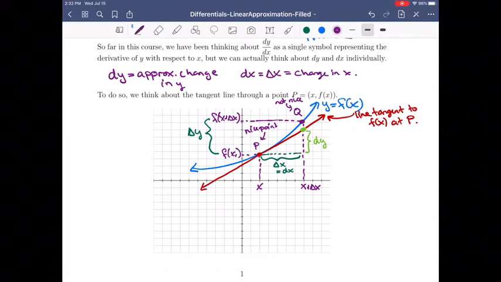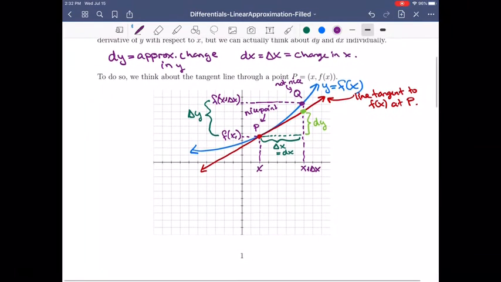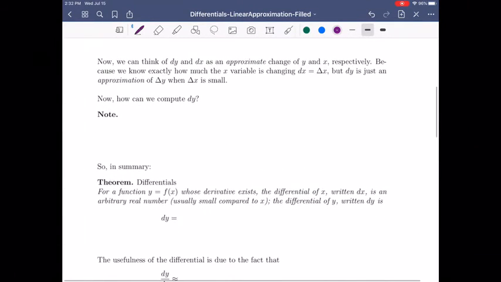Because the smaller dx is, the closer dy is going to be to delta y. Remember, the smaller the interval, the closer the tangent line represents the function. So this is the idea. We can think of dy and dx as approximate change for y and x.